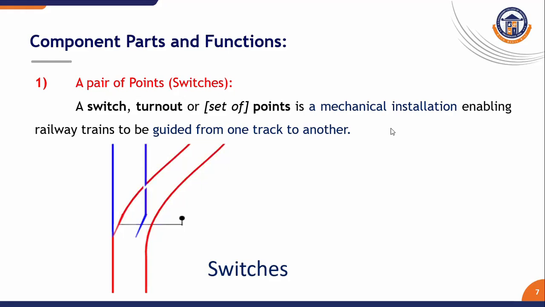If the switches are taken to the top, the red color track is shown. So if it is down, the blue color track is taken for consideration. If it is upwards, the red track is taken for consideration. The blue color switch is coming in, and red is going outside. Okay, this is the main function of a pair of point switches.